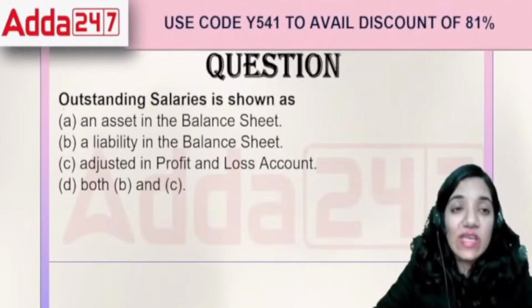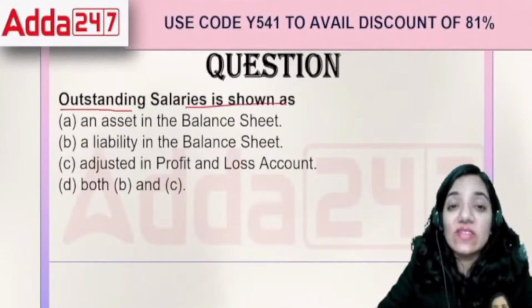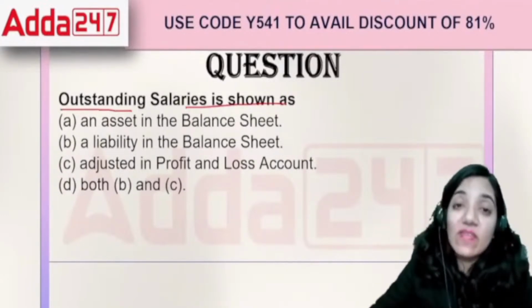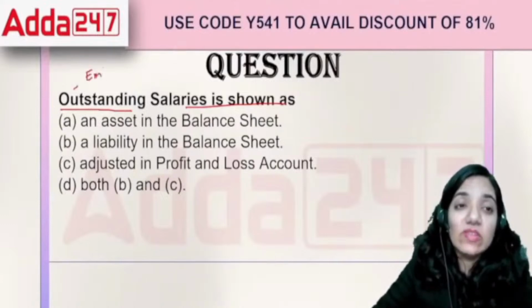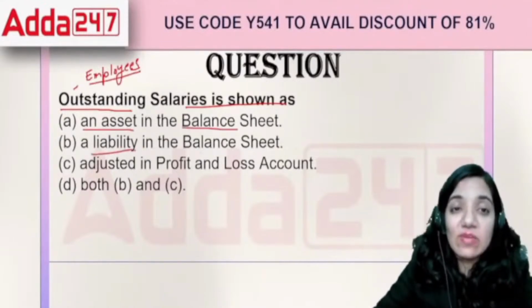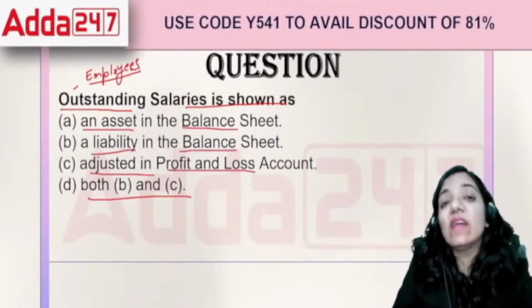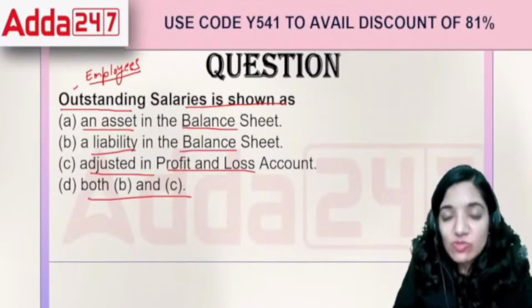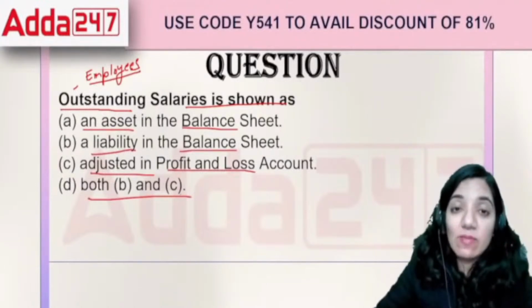The next question is, outstanding salaries is shown as. When we talk about outstanding salaries, what does it mean? The amount that we are supposed to pay to our employees is called outstanding salaries, isn't it? Then the options: an asset in the balance sheet, a liability in the balance sheet, adjusted in the profit and loss account, or both B and C. If I'm supposed to pay my employees and I haven't paid it yet, it's a liability for sure.